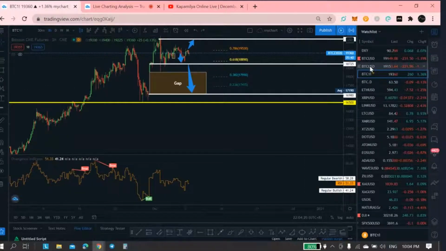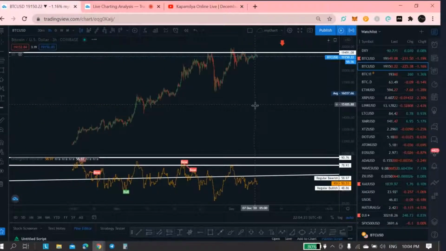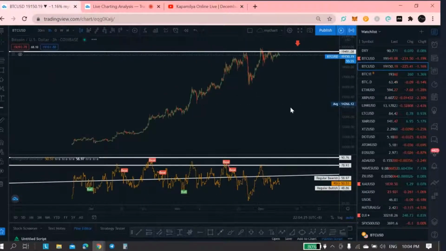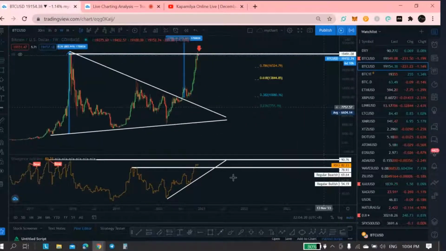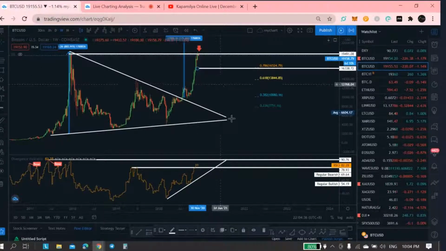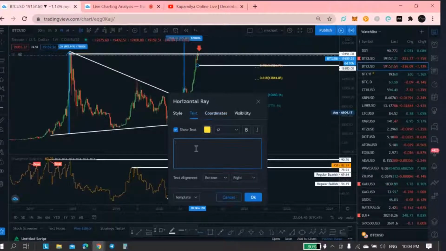So let's go back to our chart. Weekly chart. So we'll just write here the CMC gap, which is around this area. So here is 16,980 or close to 17,000, the CMC gap.